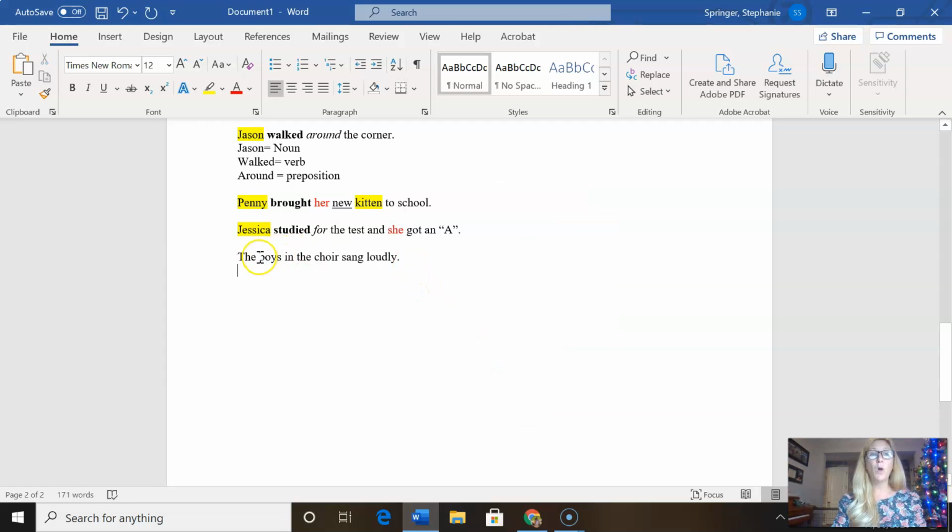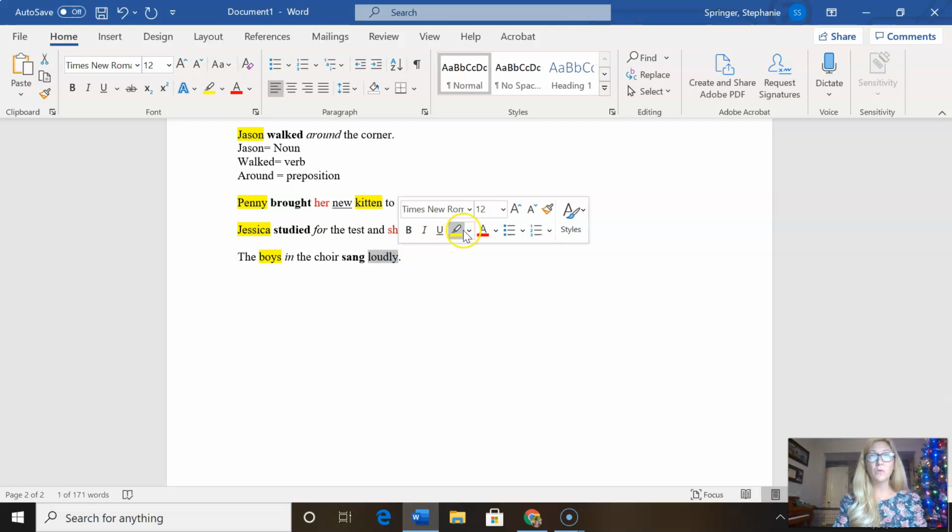Last one, boys. Boys are people, person, place, thing. So boys is going to be a noun. In is a preposition. In the choir is a prepositional phrase. What did they do? They sang. That's our verb. And how did they sing? This is a new one.